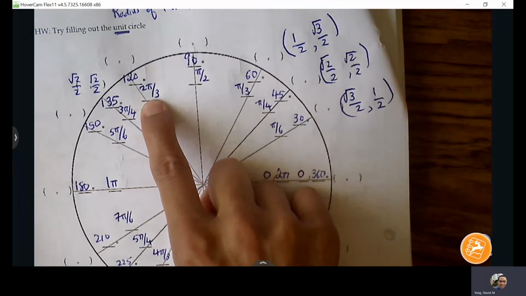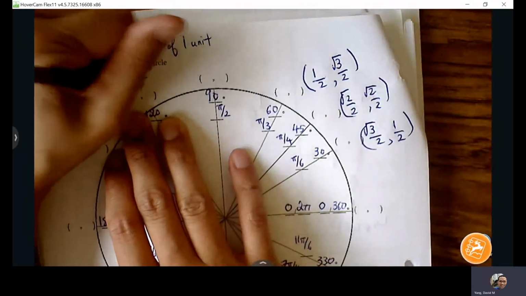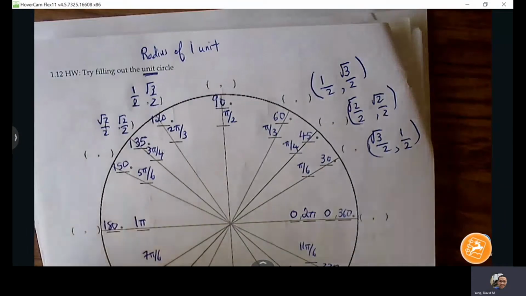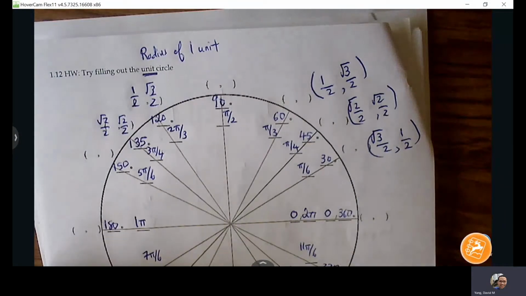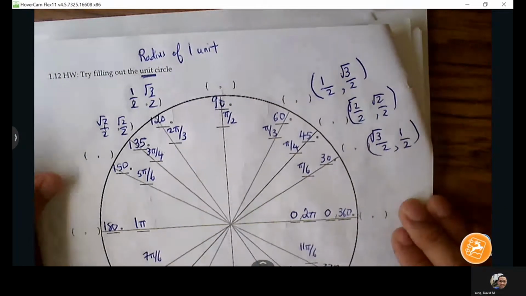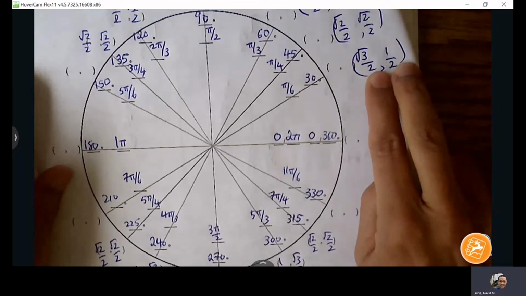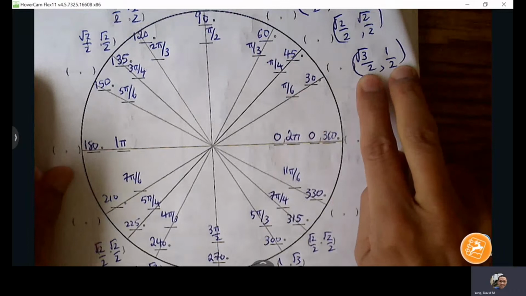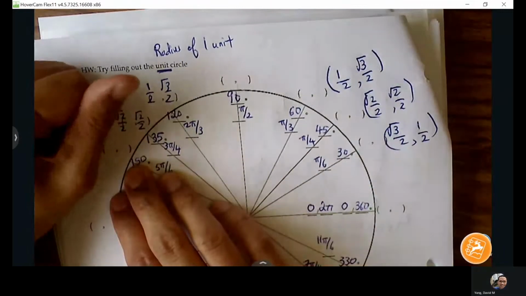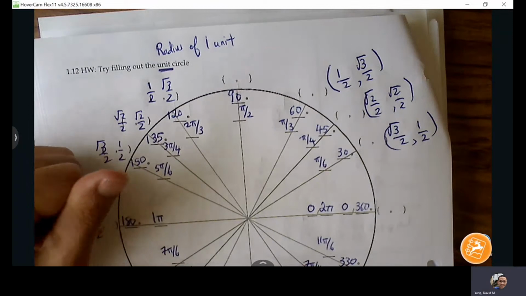So find everything with 3 in the denominator and copy those ordered pairs over. The signs are going to be different, but we'll talk about the signs in a little bit. Anything with a 6 in the denominator will have this ordered pair, root 3 over 2, 1/2.